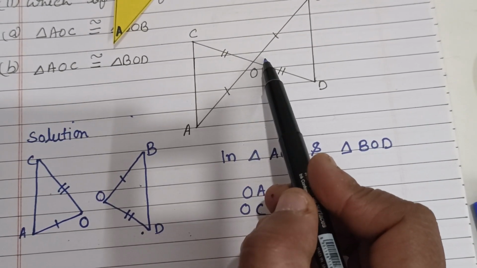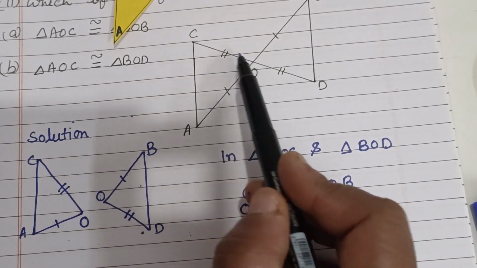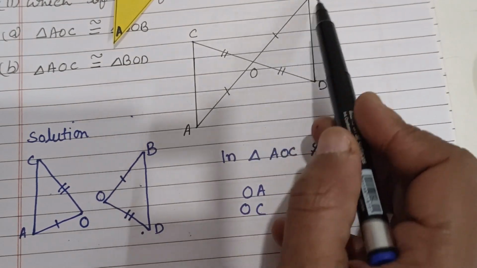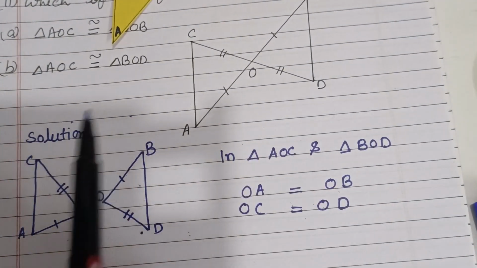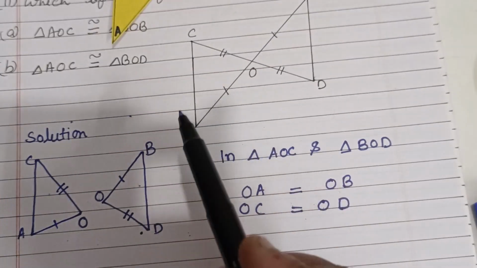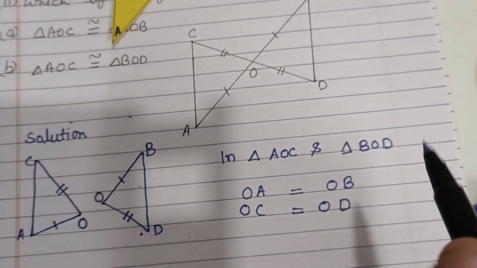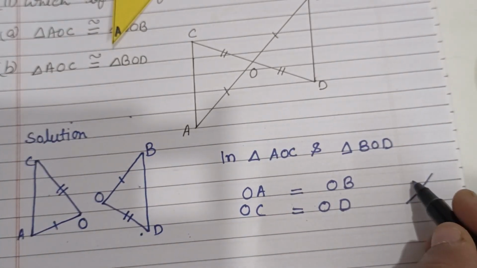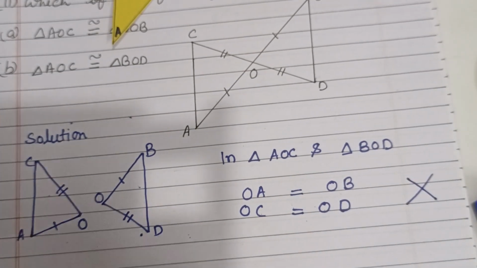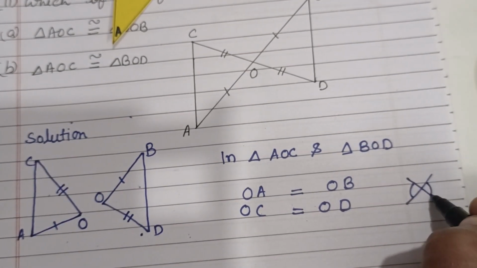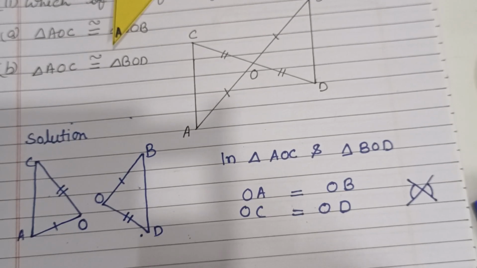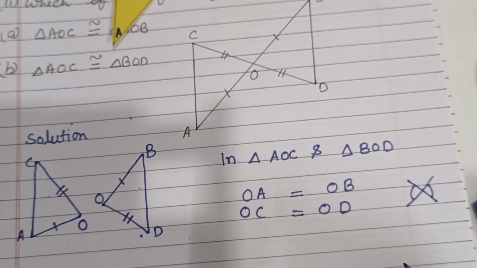This angle and this angle, that is angle AOC and angle BOD. In the question, they have not given anywhere that these two angles are equal. But if you remember the chapter Lines and Angles, it resembles intersecting lines, like this. So these two are vertically opposite angles, and whenever you make two intersecting lines, vertically opposite angles are equal.